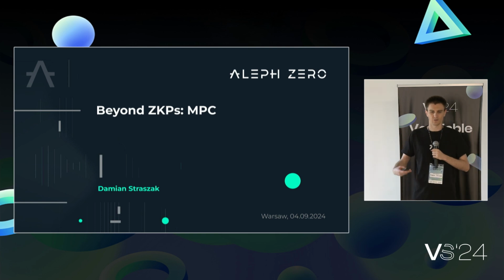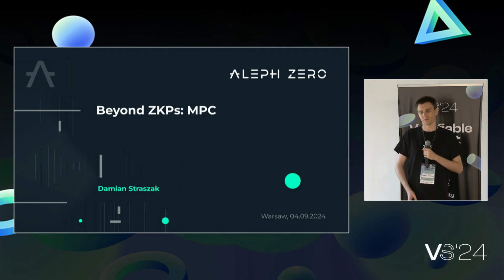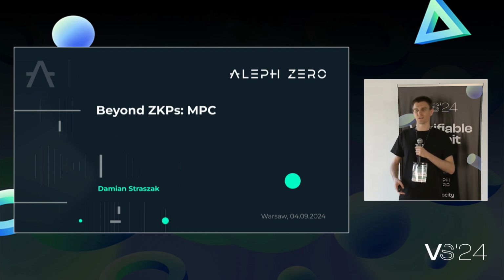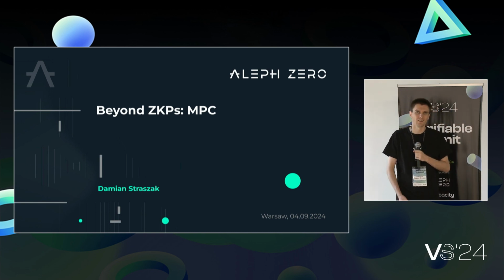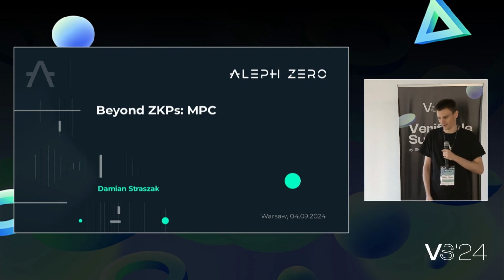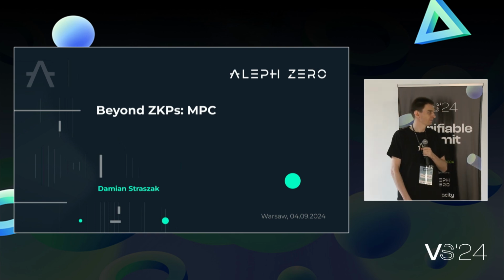What are these properties or functionalities which we might want for our products that cannot really be achieved using zero-knowledge proofs alone, and might require some help from more powerful technologies like MPC or trusted execution environments.